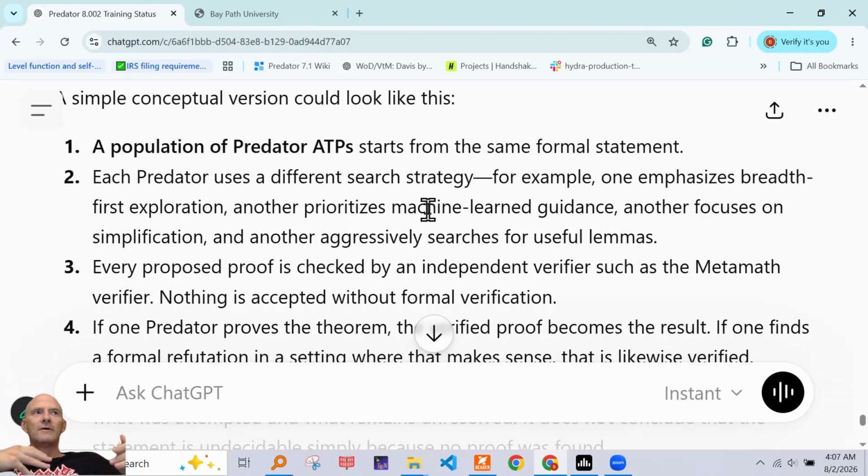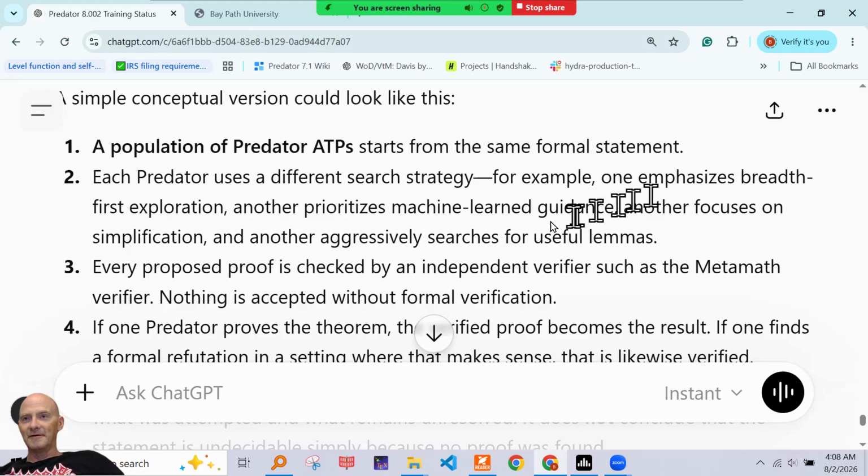So let's say there's four predators, or in general, this whole thing is called an automated logic decider. They're all using everything that every other ATP is providing in that pool. And so even ones that are trying to prove the negation of the original statement. Anyway, kind of cool.